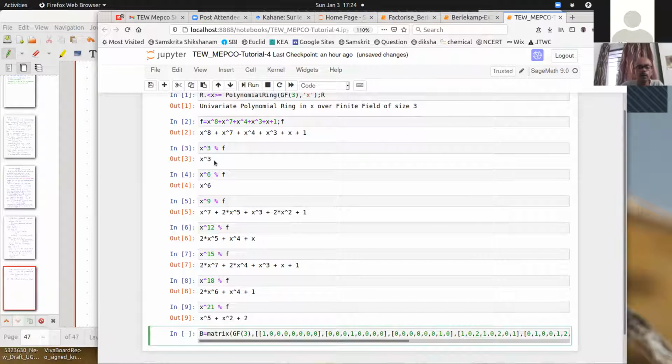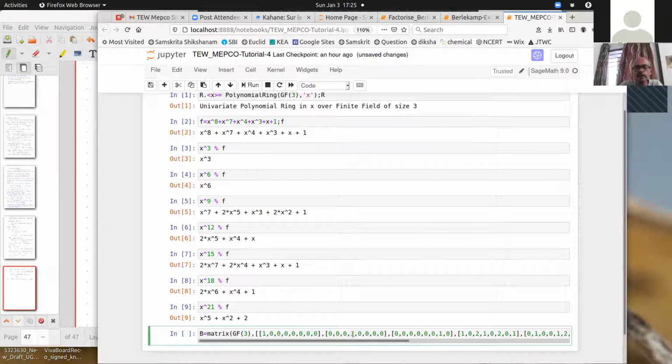So when I reduce x to the 0, then of course this is the first vector, 1 followed by zeros. Then x cube reduced is also x cube, so this entry is at the fourth place.